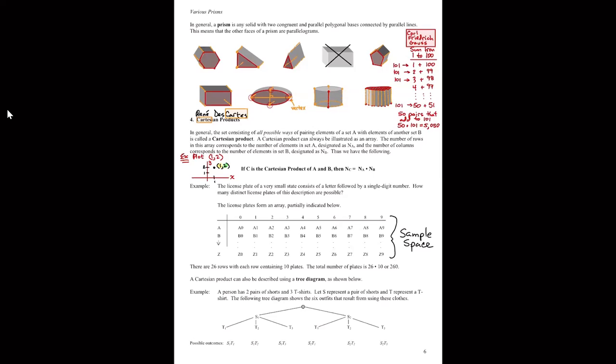That gets pretty large pretty quickly. I would not want to make a table out of that information. But from this, we can see that there would be 260 possible outcomes, because I would take the 26 letters in the alphabet and multiply it by the 10 digits between 0 and 9. It's as simple as that.